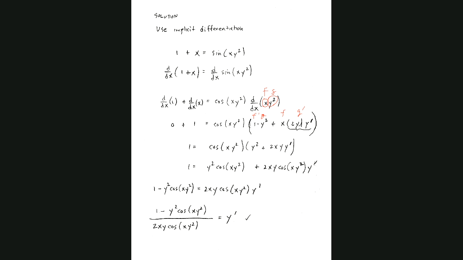Right, so this is 2y times y prime. That's equivalent, by the way, to 2y times dy dx. So it's just another way of writing dy dx as y prime.